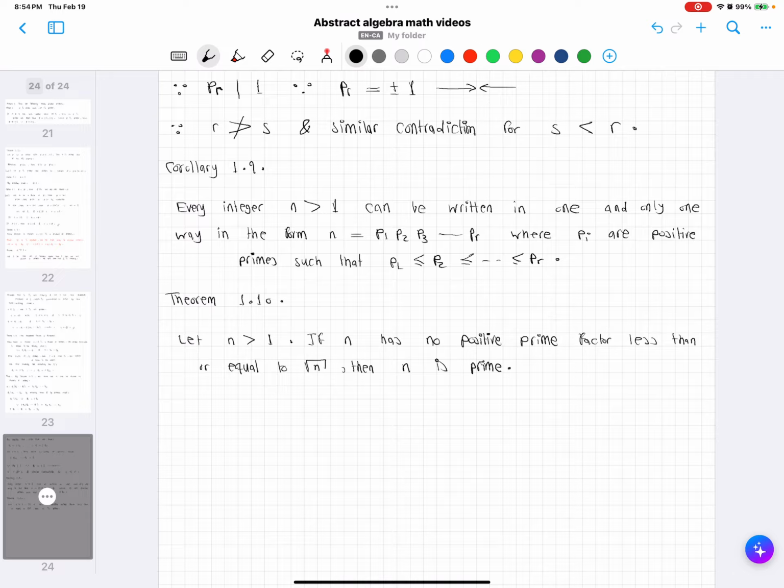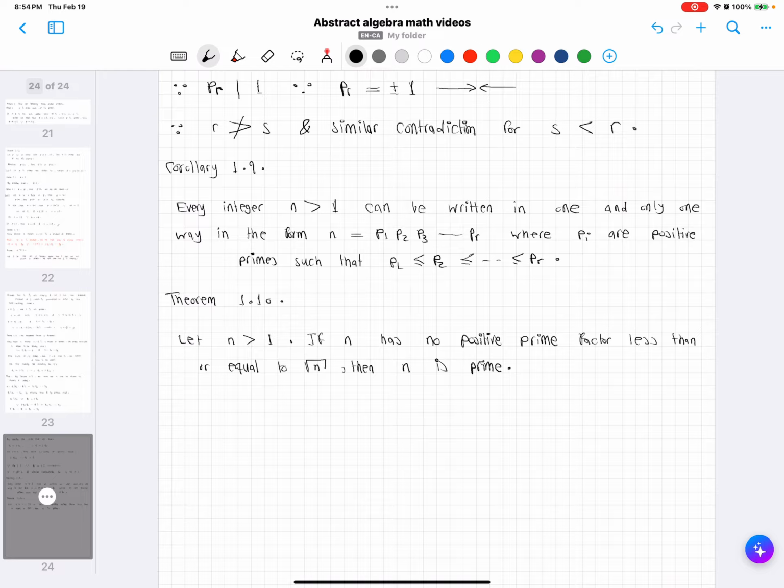So the main core reason for why this is true is, let's see what's going on. The result says, if n has no positive prime factors less than or equal to the square root of n, then n is prime.